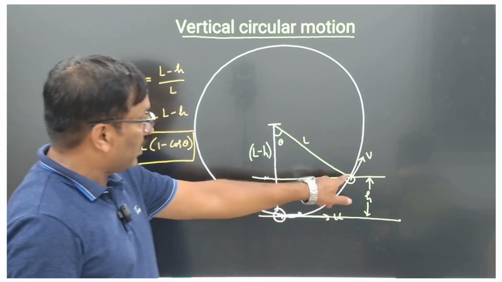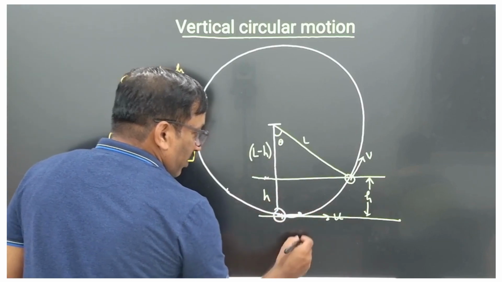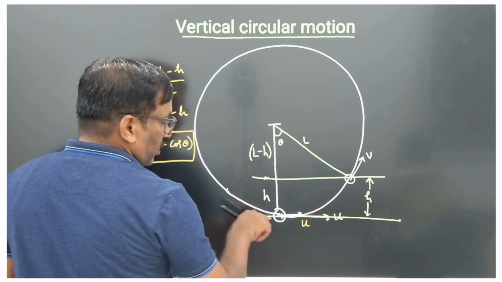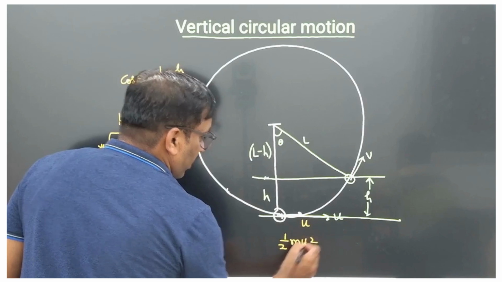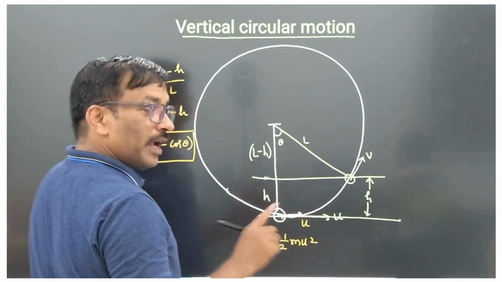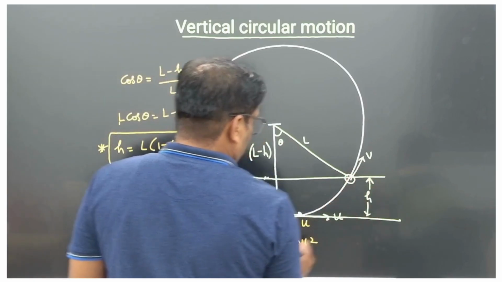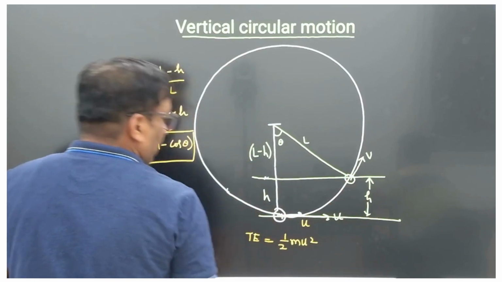Now we want the velocity here. We are given some velocity, u, so it has kinetic energy, half m u square. When it has gone to this point, it has kinetic energy and potential energy. Therefore at the starting point, potential energy is 0 and the total energy is only kinetic energy.